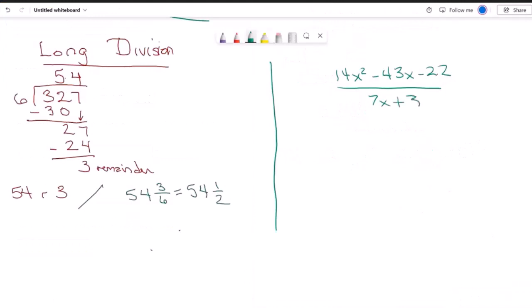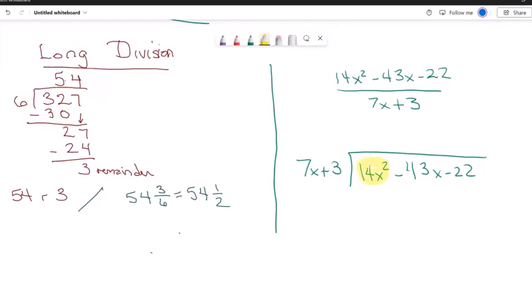We can see now we no longer have a monomial in the denominator. We have to do long division. What that means is I'm going to rewrite it as 14x squared minus 43x minus 22 divided by 7x plus 3. It's going to be similar but a little different because I'm going to say the leading term divided by the leading term, because we can't divide 6 into 3, so we take the next two numbers and divide.